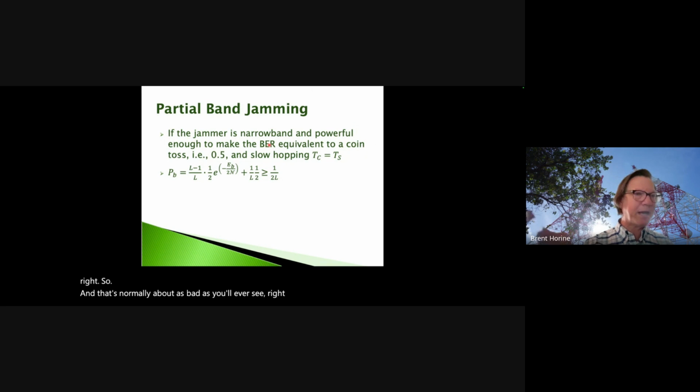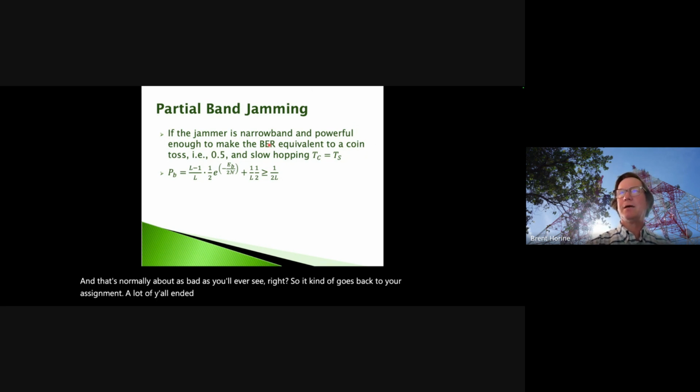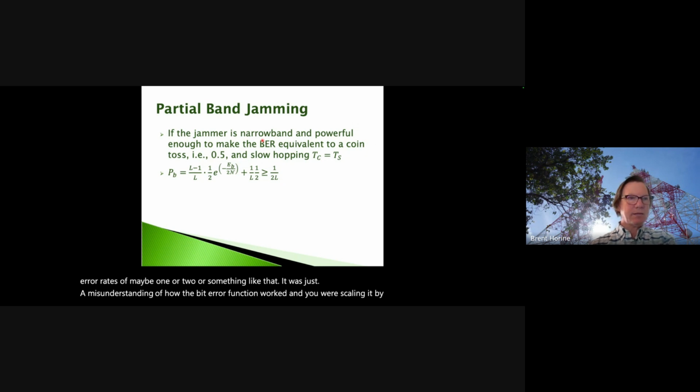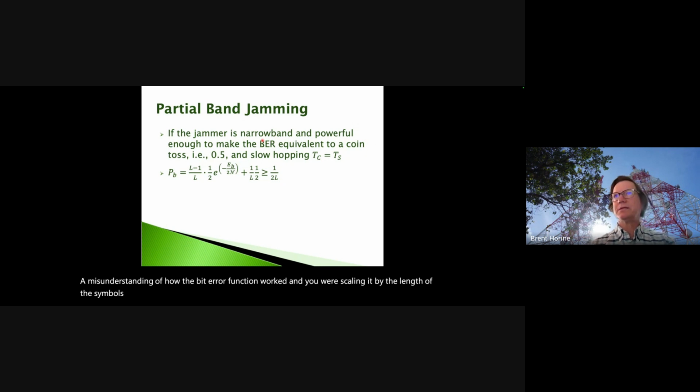So it kind of goes back to your assignment. A lot of y'all ended up on this. I guess it was assignment 6. You would calculate bit error rates of maybe 1 or 2 or something like that. It was just a misunderstanding of how the bit error function worked, and you were scaling it by the length of the symbols instead of the length of the bits.